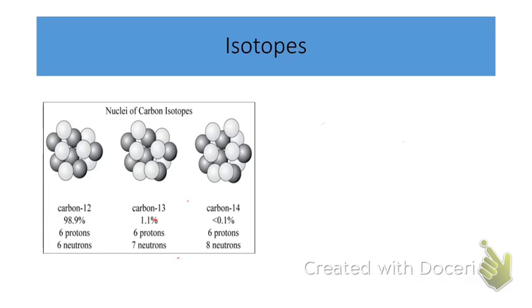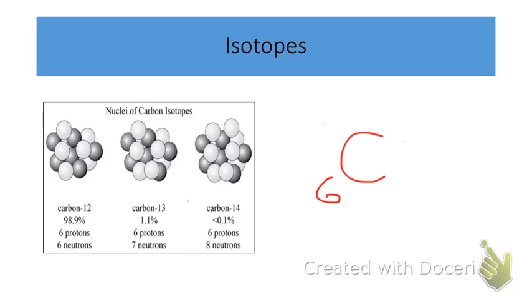Now, their symbols. Okay? So let's look at carbon-12. Carbon-12 is a carbon atom from the element carbon, so it's going to have a symbol of C. All right? In the lower left-hand corner, remember, goes the atomic number. So the atomic number of carbon is always 6, so we write a 6 there.